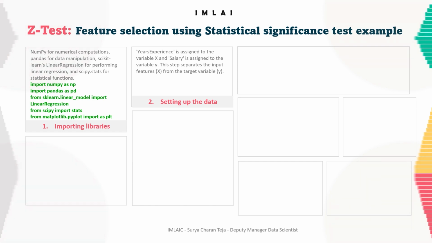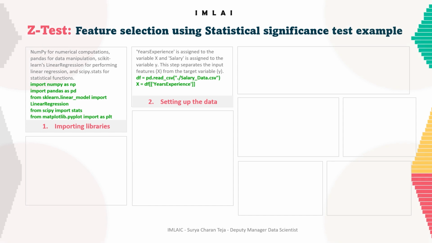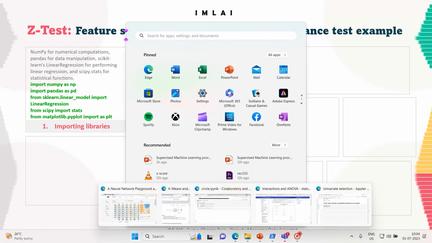That's why this is called supervised machine learning, because you are giving the labels. We are going to take one column as x, which is the independent variable, and another column as y, which we call the target variable. Let's do it.